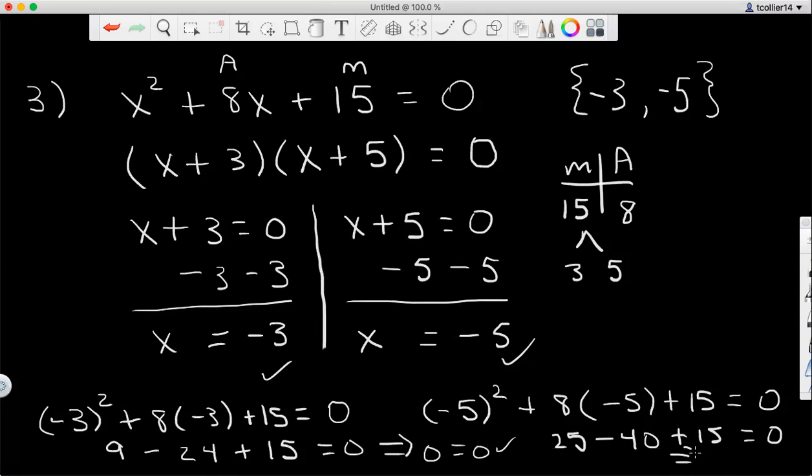So I do get 0 is equal to 0. True. So that means this -3 and that -5 are going to be part of the solution set. Okay, so that is number 3.